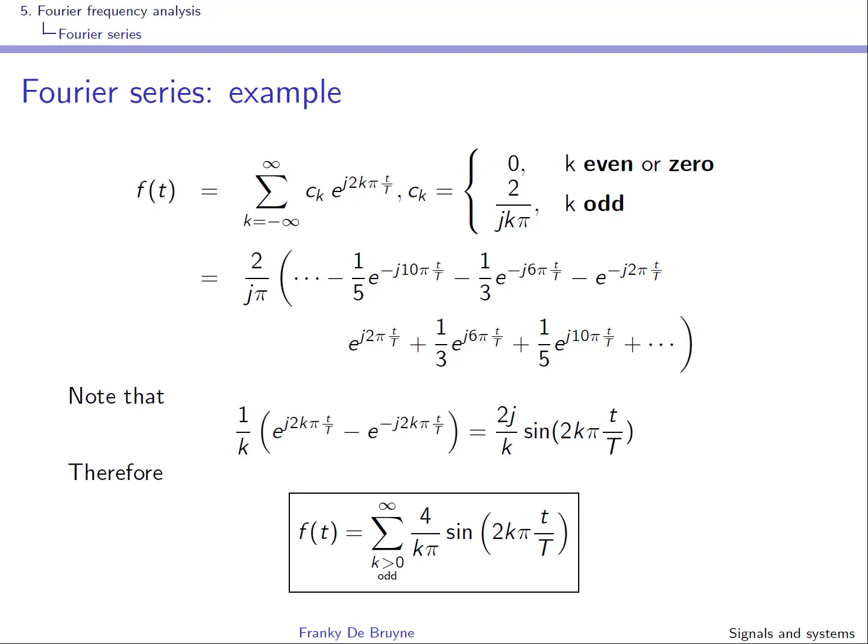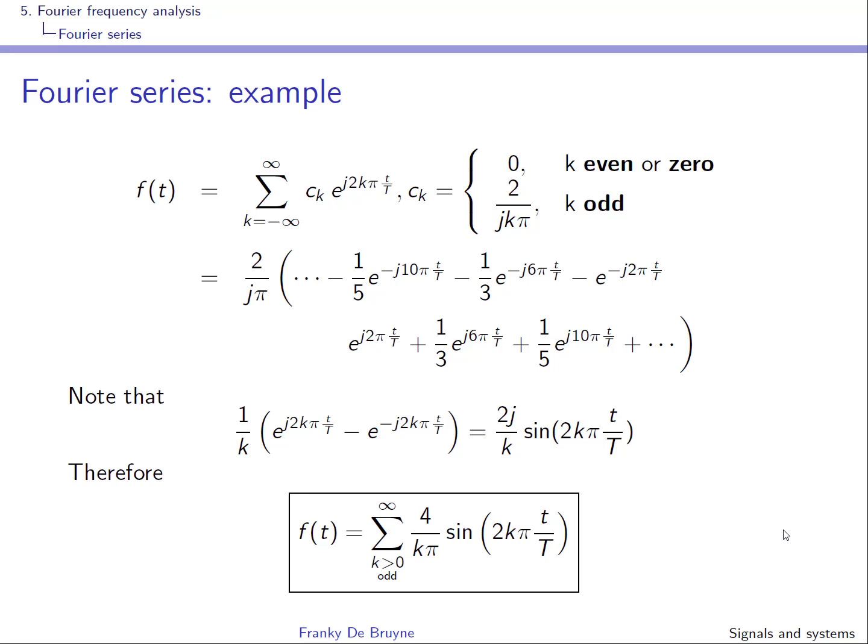And of course, sine functions are examples of odd functions. It would be a surprise to see a cosine in a Fourier decomposition of a function that is odd. So we have decomposed our signal that is of period T as a sum of sines at k times the fundamental frequency.